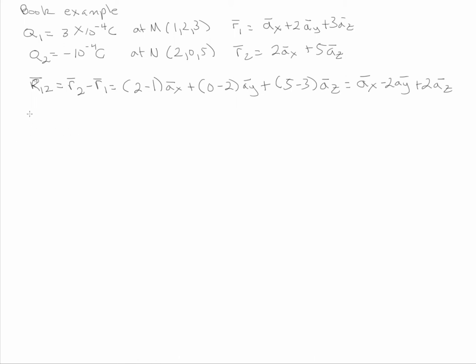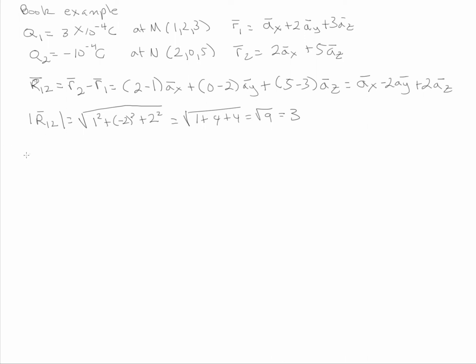And then we need the magnitude of R12, which is just going to be the square root of 1 squared plus minus 2 squared plus 2 squared. It's just the coefficients of the vector. And so that's equal to the square root of 1 plus 4 plus 4, which equals the square root of 9, which equals 3. So now we have pretty much everything to solve the problem.